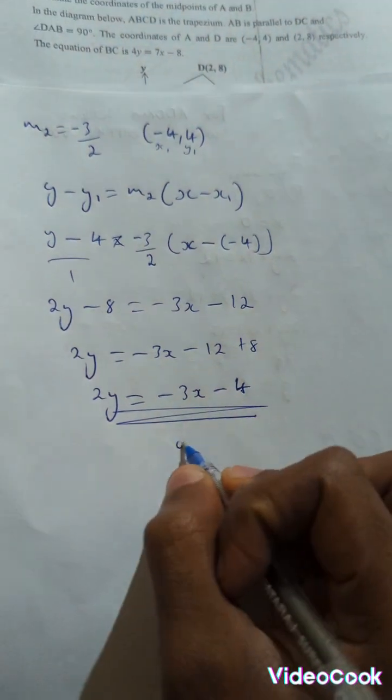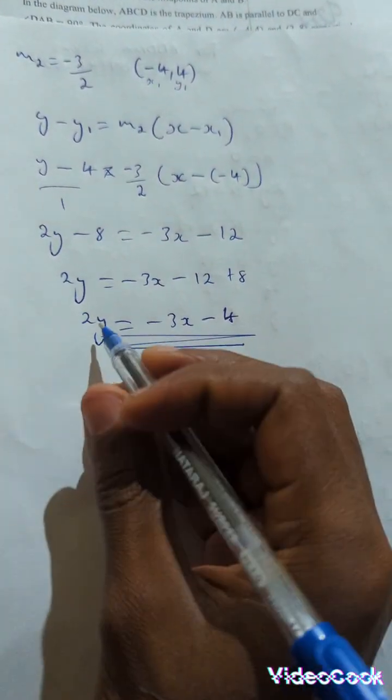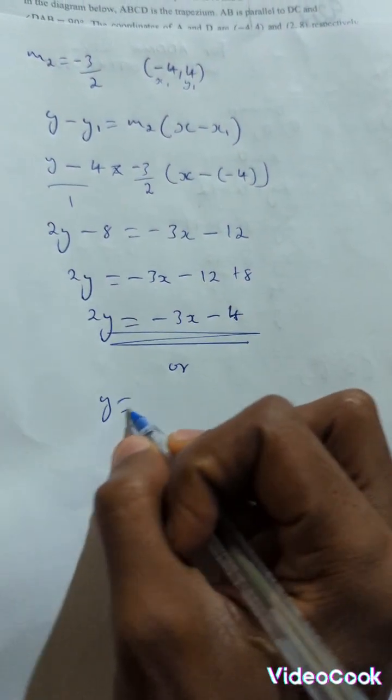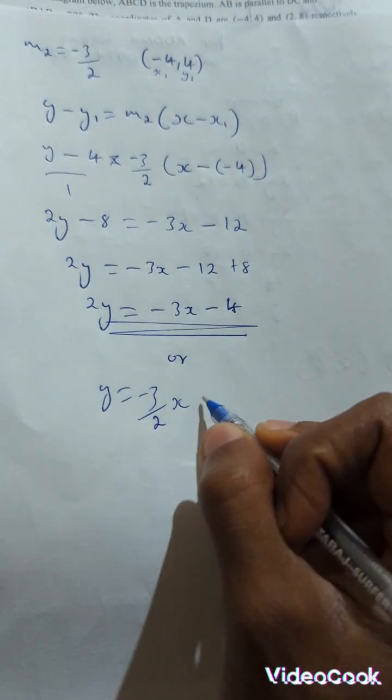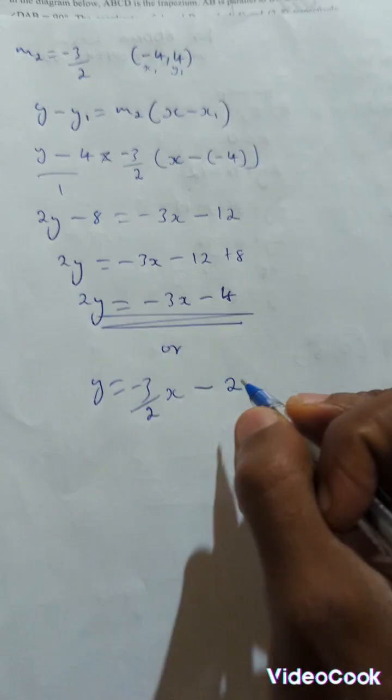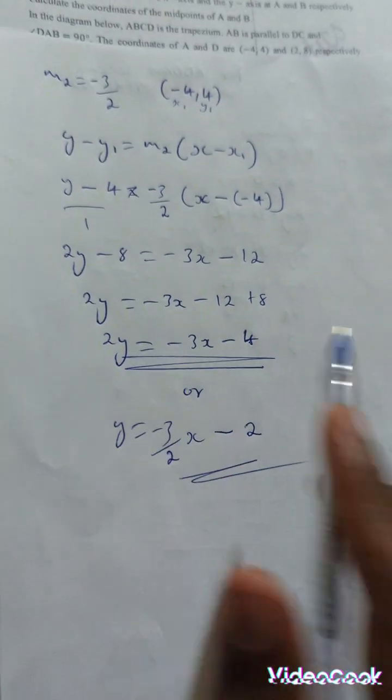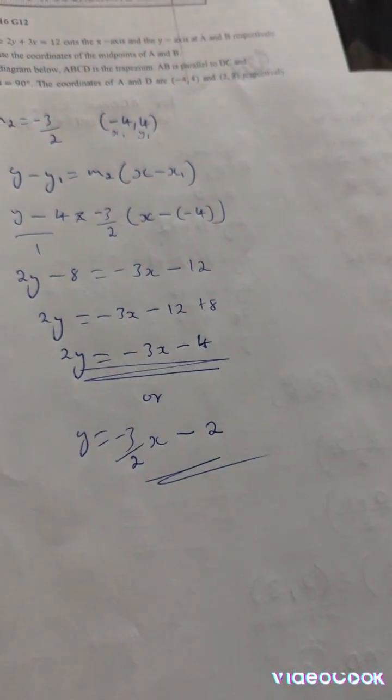But from here you are done. Or you can say, when you divide the 2, it will be y is equals to negative 3 over 2 x, then minus 2. But from here you are done.